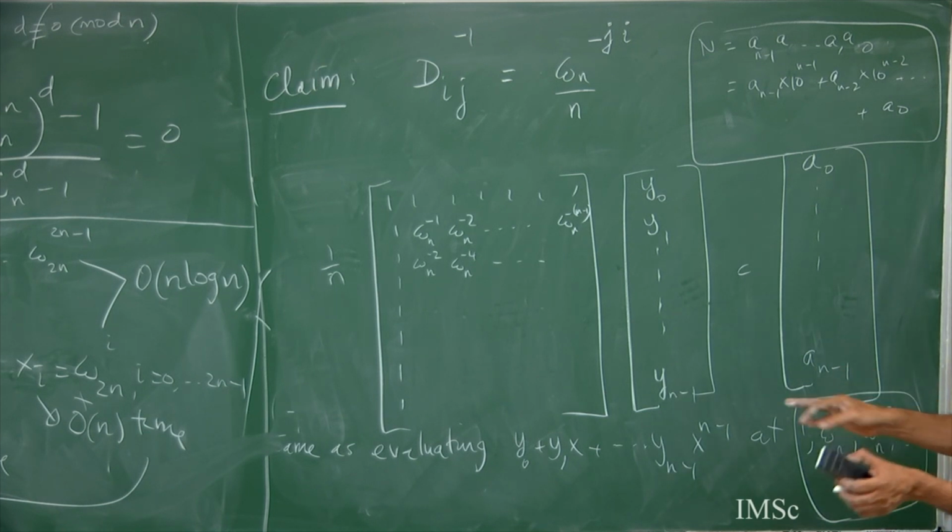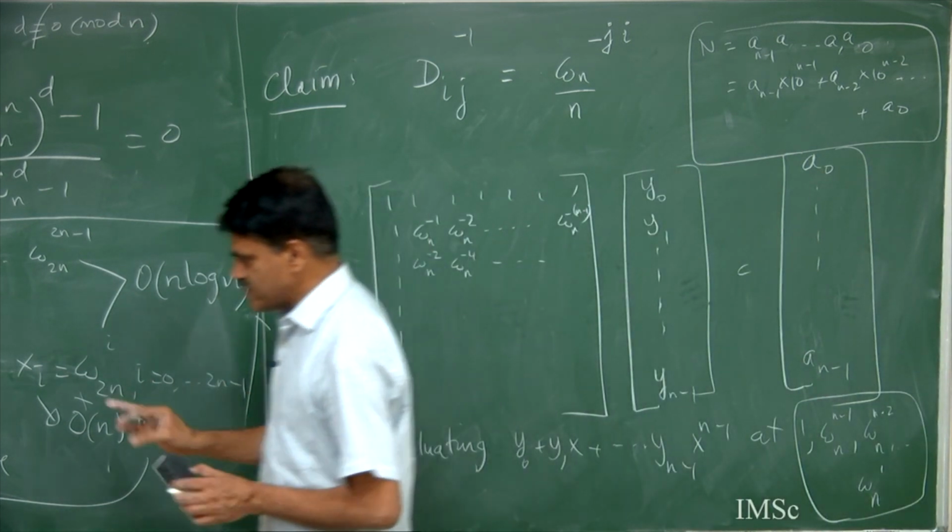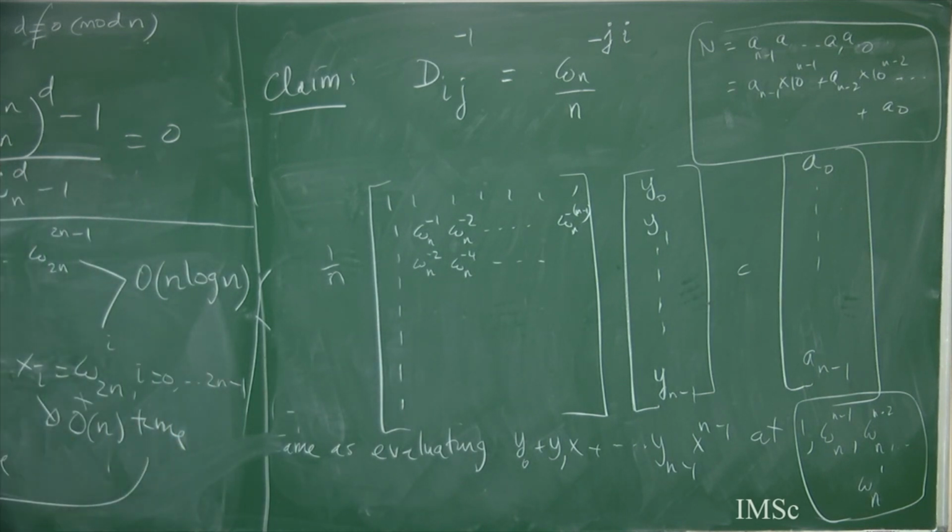Okay, so there are lots of issues here. First of all, it has several applications. We will see some very surprising application for this fast Fourier transform for string matching algorithms. It has applications for integer multiplication, and there are also other issues about representation, right? That we are evaluating at complex numbers.